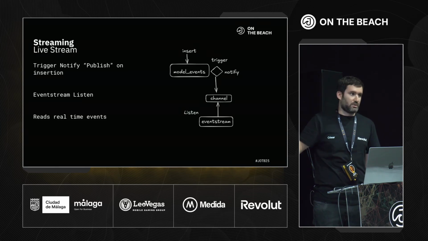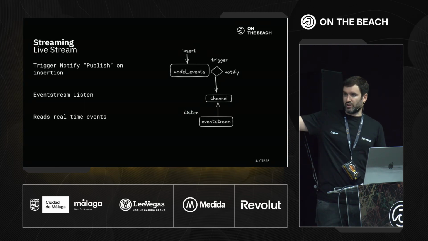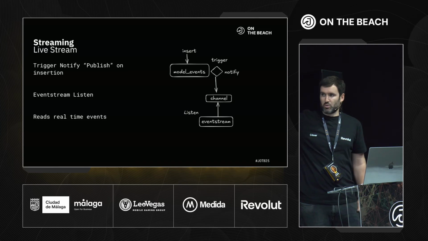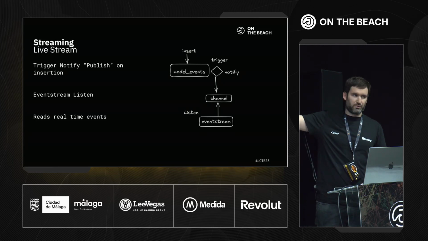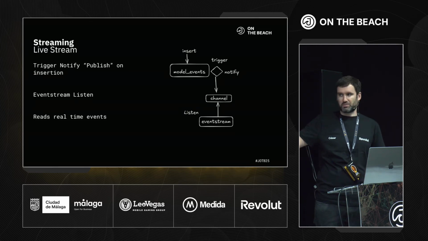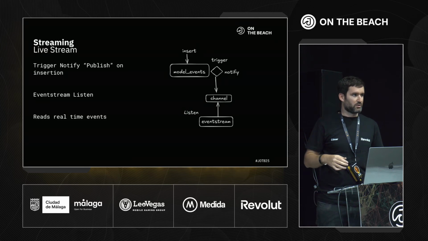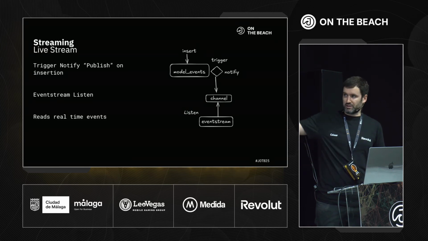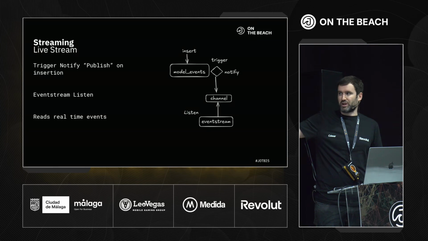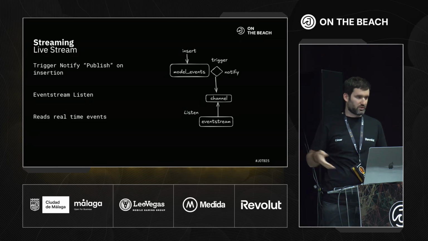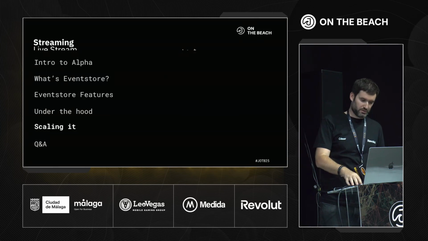We will notify the event into the channel, and then the application code, the event stream, will be listening for events from this channel. And basically, kind of like by polling in a way, it ensures that all the events are periodically sent through the wire. This way we get the events within a few milliseconds of being persisted.